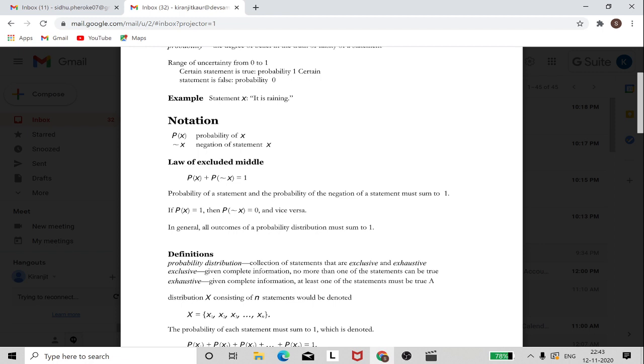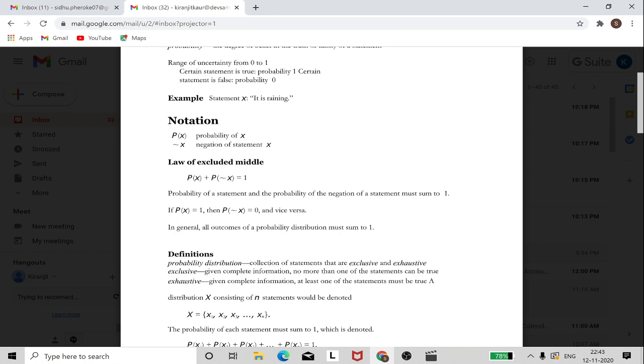I don't know whether it is raining or not. I assign a degree of probability that reflects uncertainty to both the statements: it is raining and it is not raining. But when my information is complete, exactly one of those statements must be true.